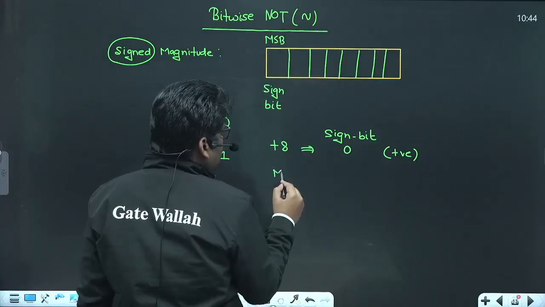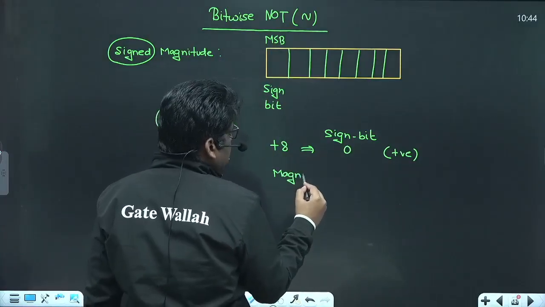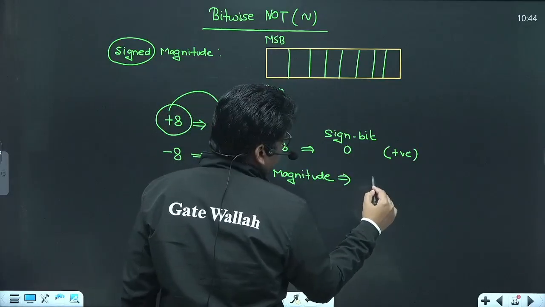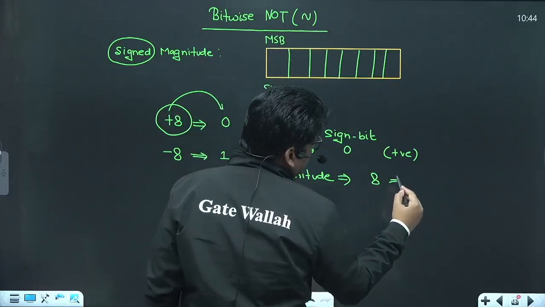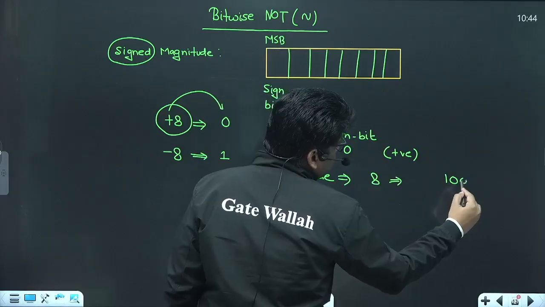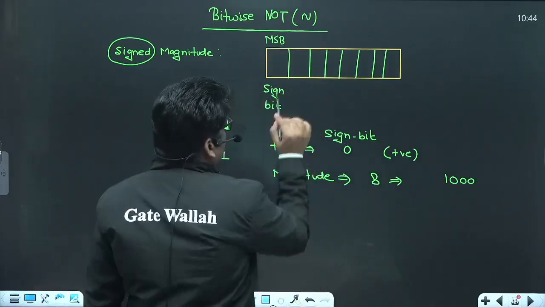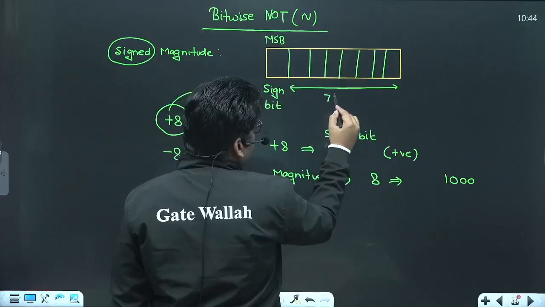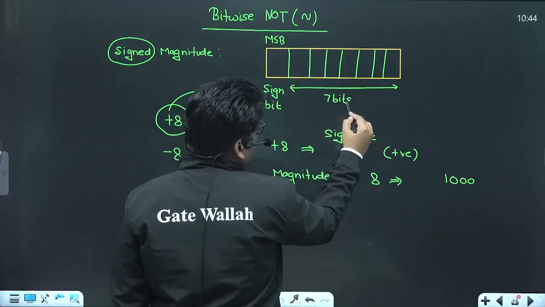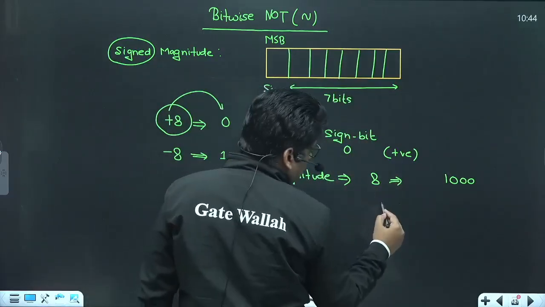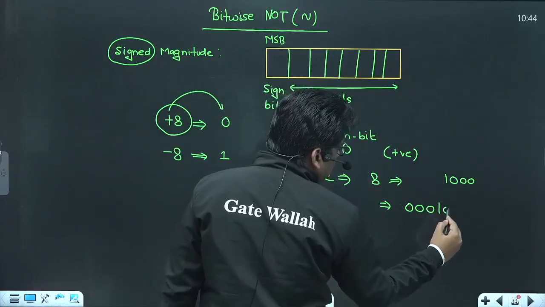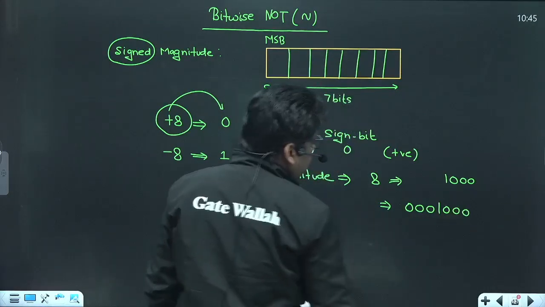And the magnitude is represented in binary. So what is the binary of 8, sir? The binary of 8 is 1000. So if I ask you in 7 bits, how will you represent this 1000? Sir, 0, 0, 0, 1, 0, 0, 0.